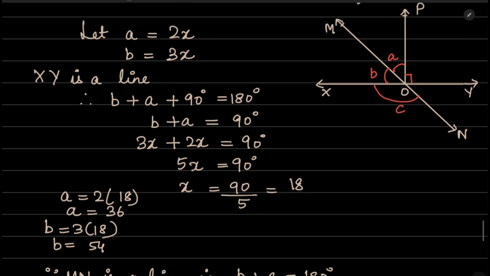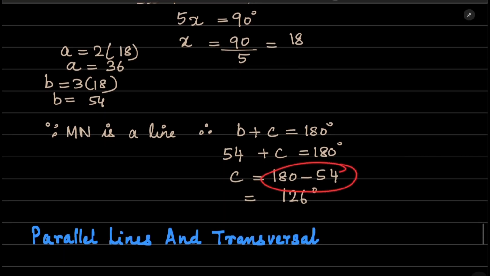Once you find x, substitute the value of x in A: 2 into 18, A is 36. Substitute x in B, find out B, and then go on, right? B plus C equal to 180. We already know B is 54, therefore C is nothing but 180 minus 54. Okay, so this is how you do it.